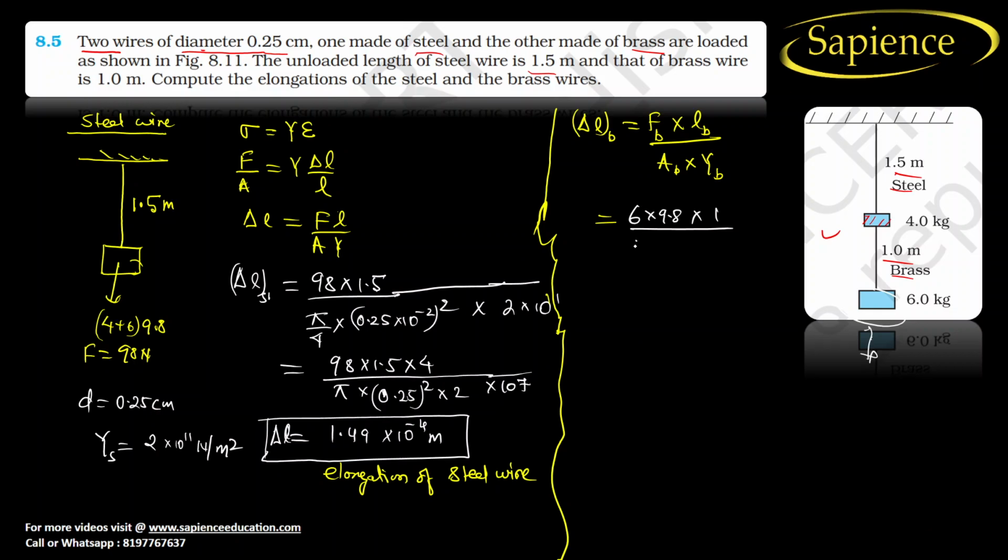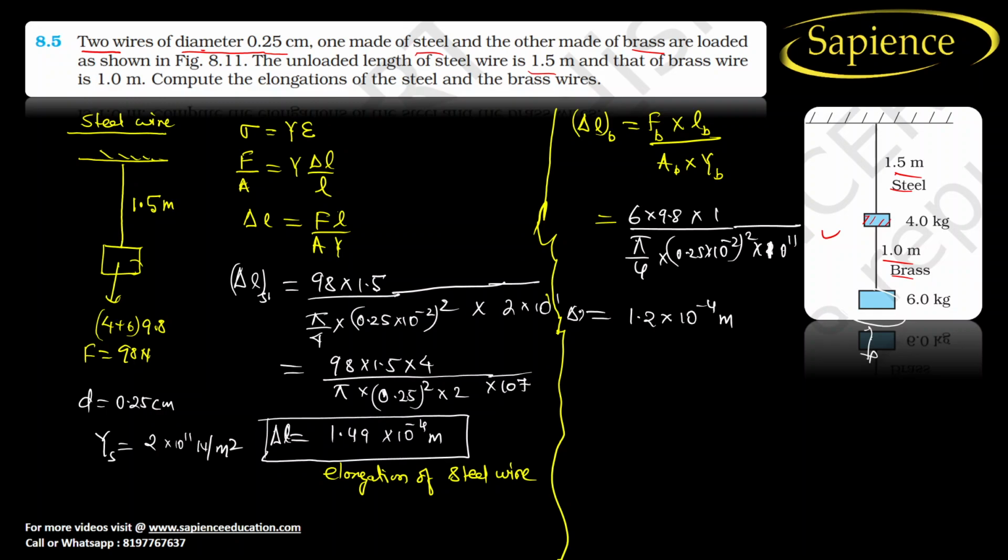Divided by the area of the brass, which will be the same, so pi by 4 into 0.25 into 10 to the power minus 2 whole square, into the Young modulus of brass, which will be 10 to the power 11 only. When we compute this, we will get 1.2 into 10 to the power minus 4 meter.